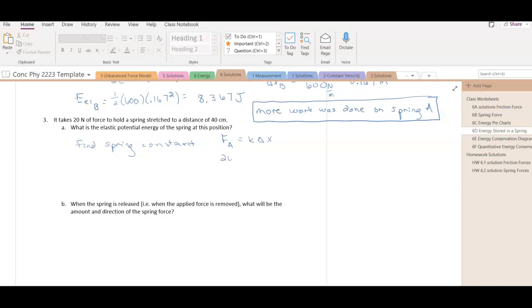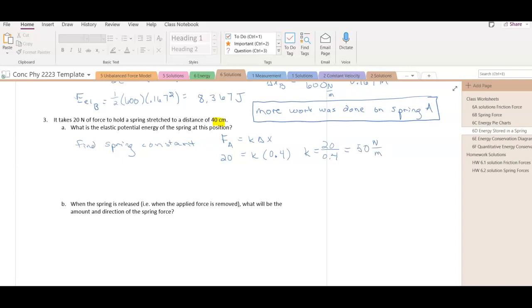So if they're saying 20 newtons of force cause a displacement, and this is 40 centimeters, we've got to put that in meters. That would be 0.4 meters. Then the K is 20 divided by 0.4, which is 50 newtons per meter. You have to work in standard units.